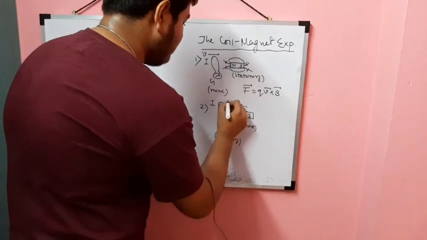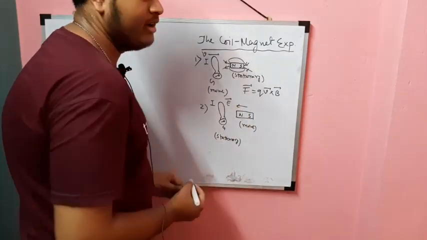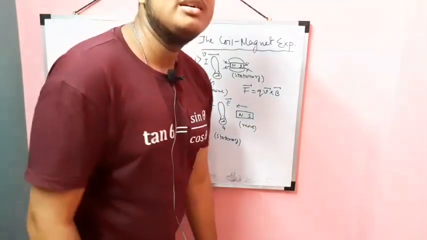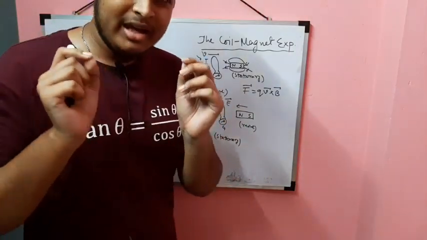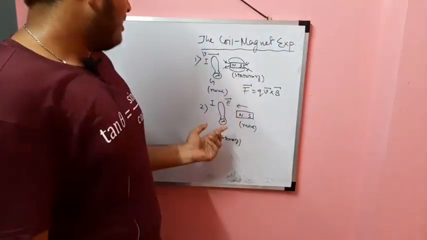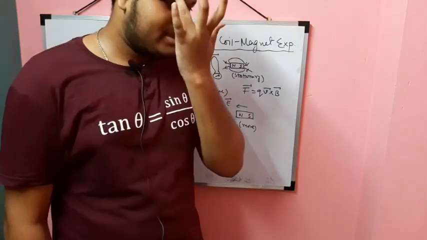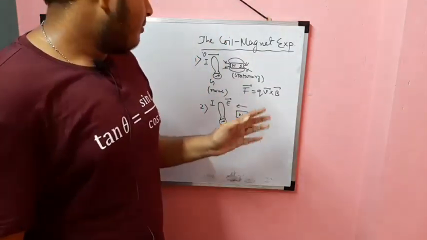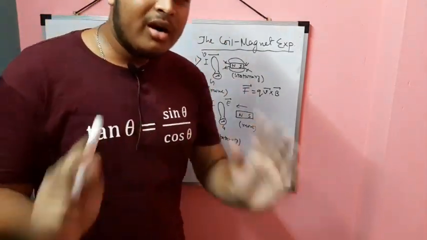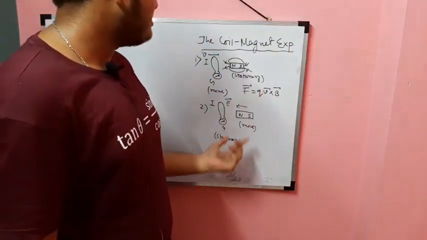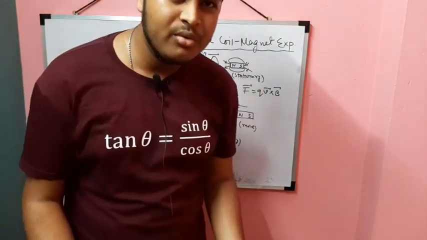I am again telling you that for a stationary charge or a stationary conductor, magnetic force will not act because it is at rest, V equal to 0.